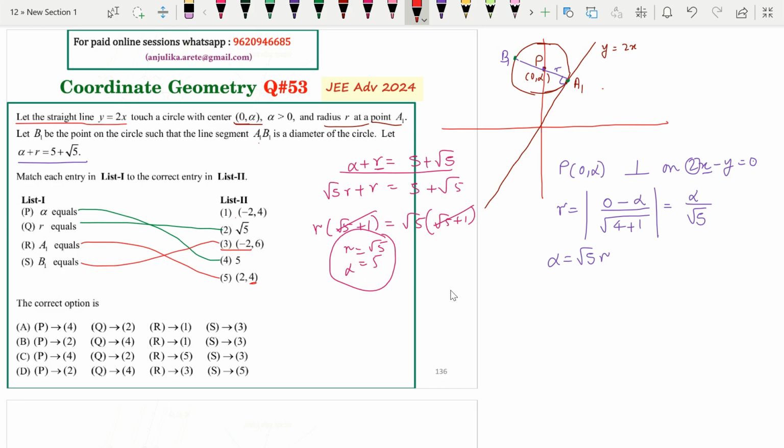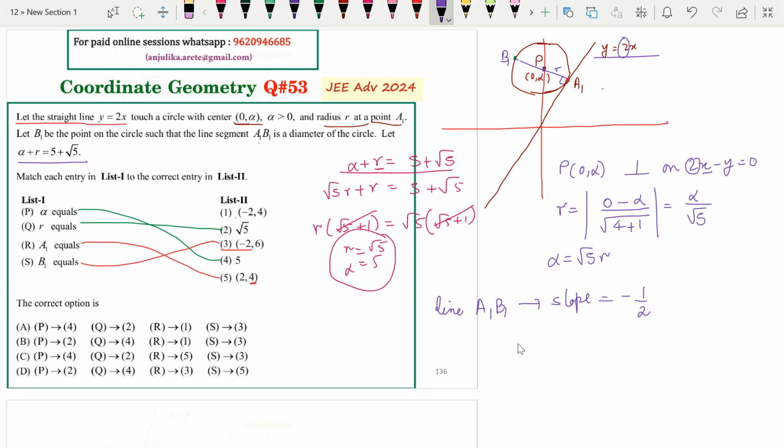So r and alpha we got. Now if I want to figure out the coordinate of A1, what do we do? There are so many ways you can do that. One thing you can do is write the equation of this line, because you know that line A1 B1 is perpendicular to this line. So what should be the slope? Negative reciprocal, right? The slope is 2 here, so the negative reciprocal is minus half.